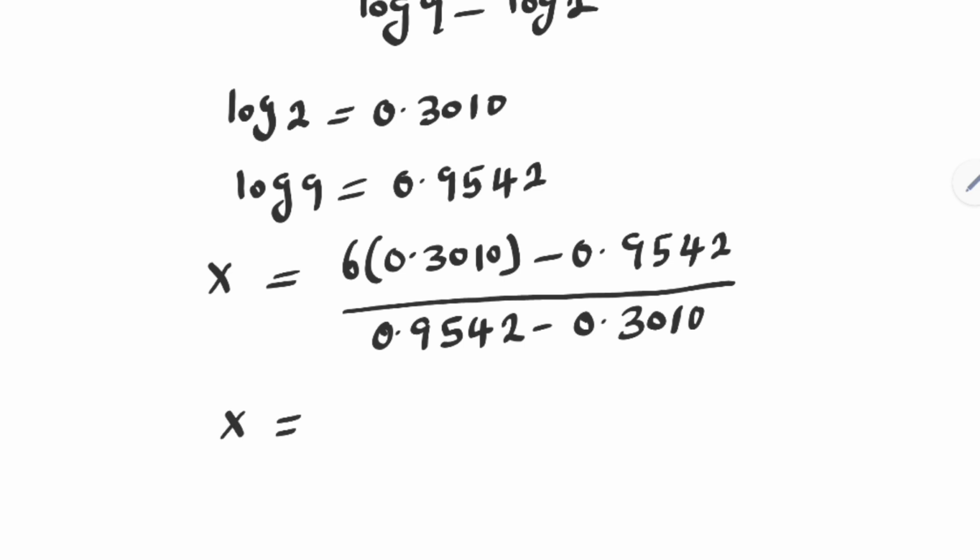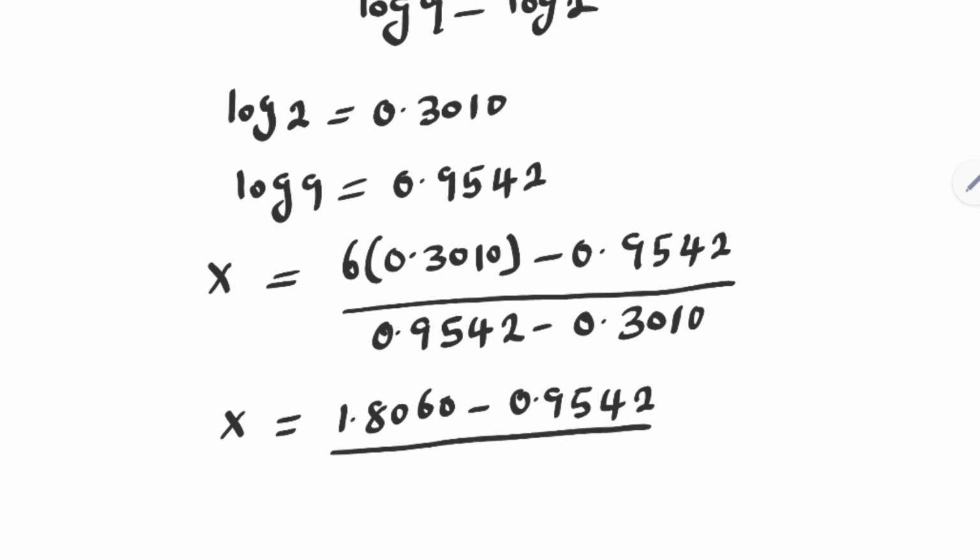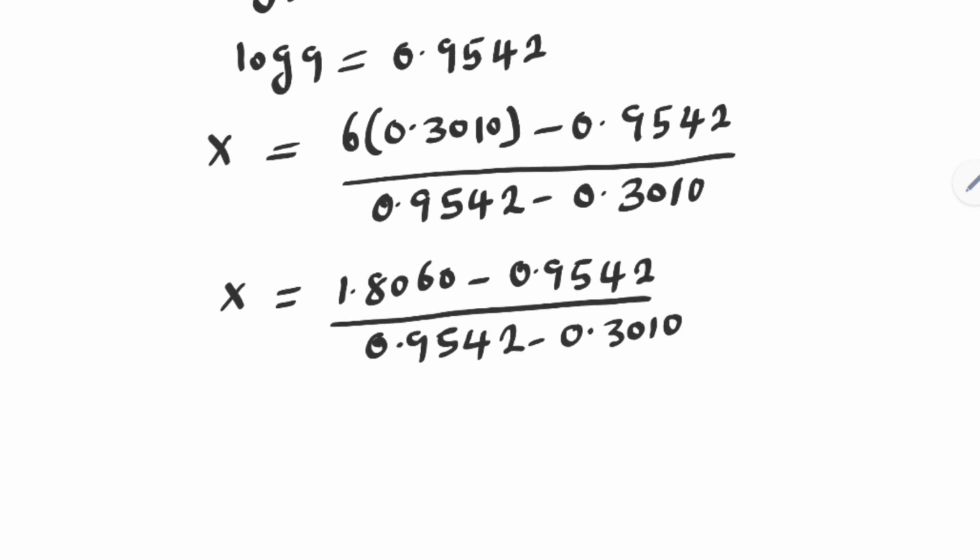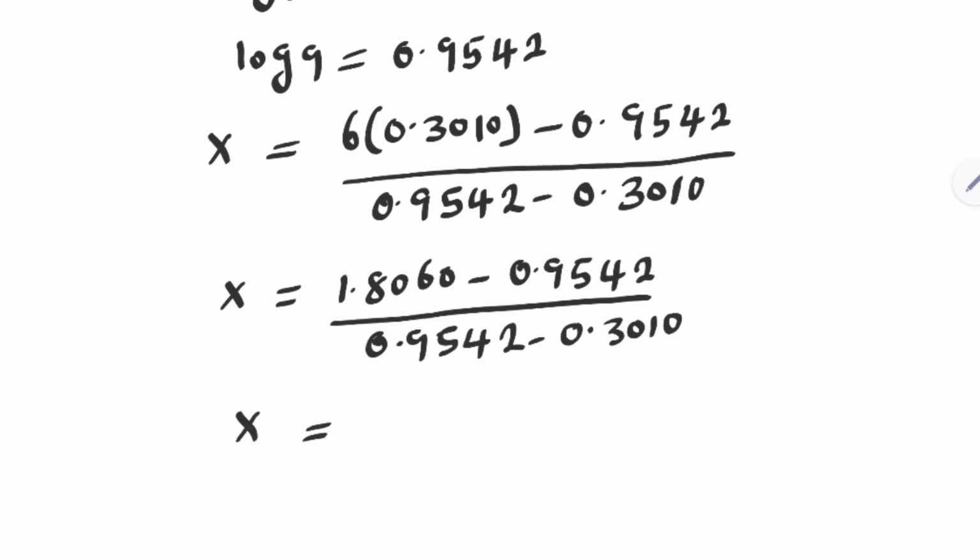x is equal to, if you multiply 6 by 0.3010, we have 1.8060 minus 0.9542 over 0.9542 minus 0.3010. x is equal to 1.8060 minus 0.9542.